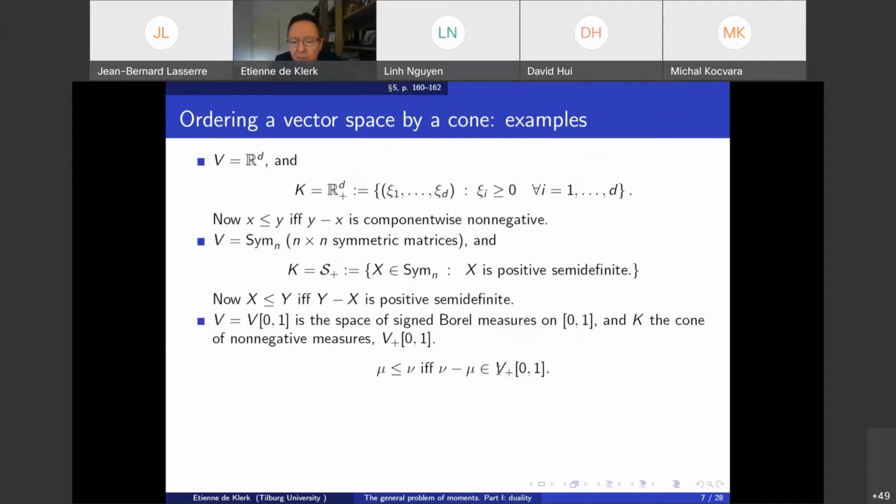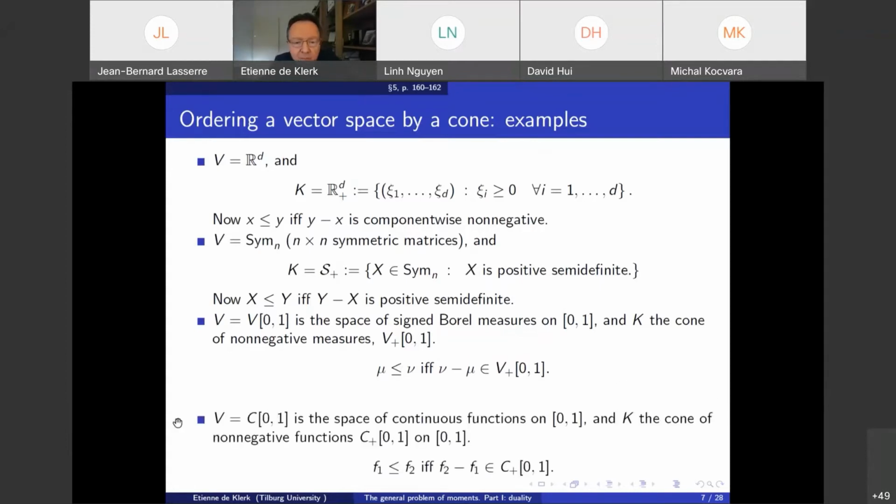For those who are not really comfortable with Borel measures, a non-negative measure simply means that if you integrate any non-negative function with respect to this measure, the answer will be a non-negative number. If you don't have much background in measure theory like myself, then it's nothing very mysterious. You can just see it that way.